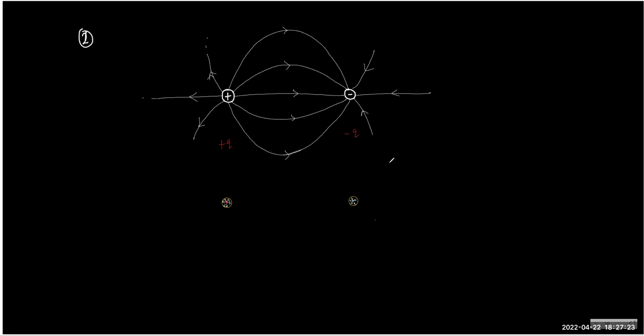If all the field lines terminate, whatever is leaving is terminating, it means they are equal in magnitude. So if there is an extra number of field lines that does not come from plus q, then minus has a greater magnitude. Correct.